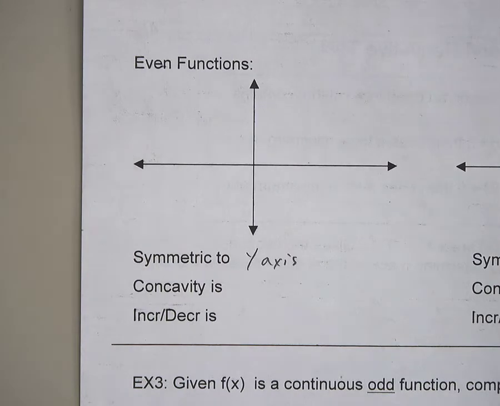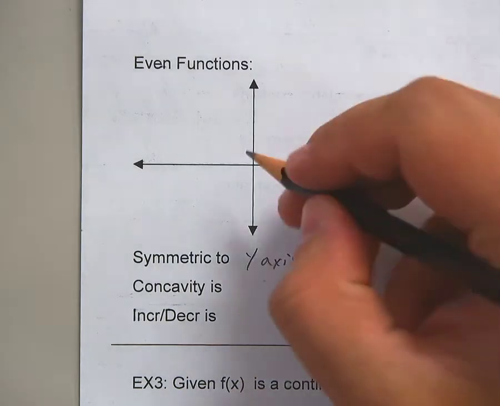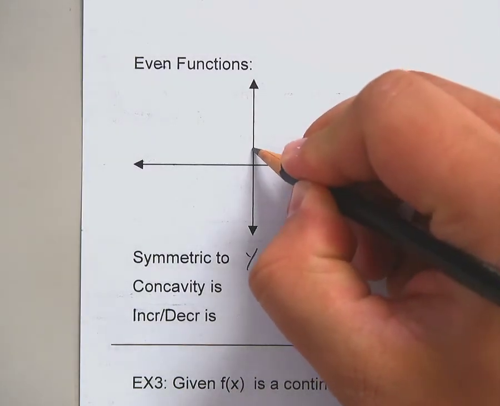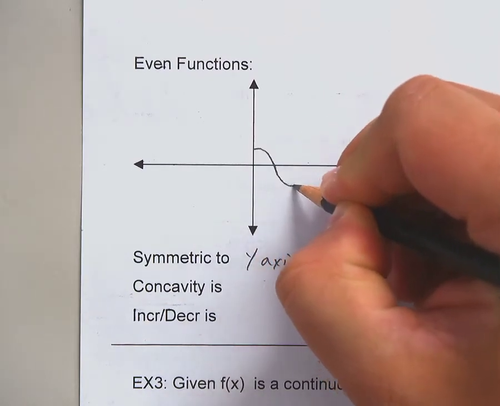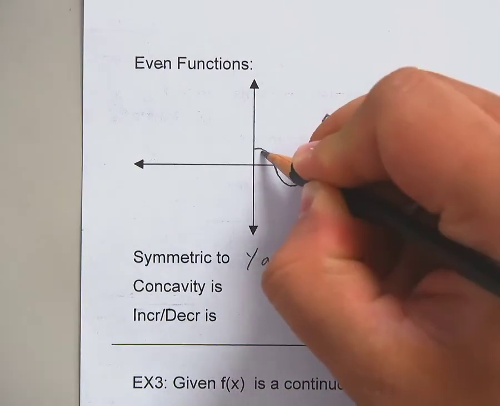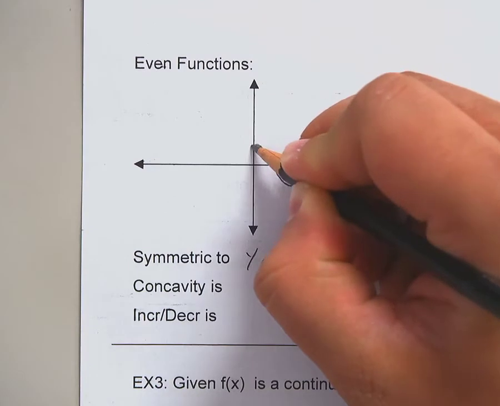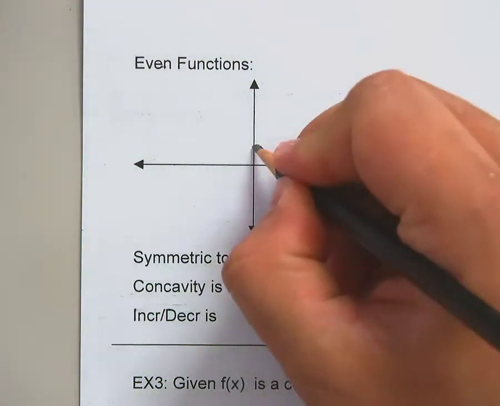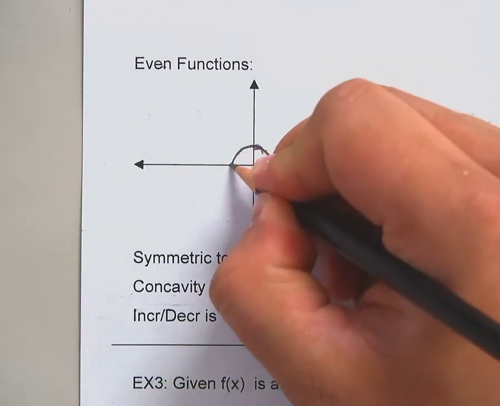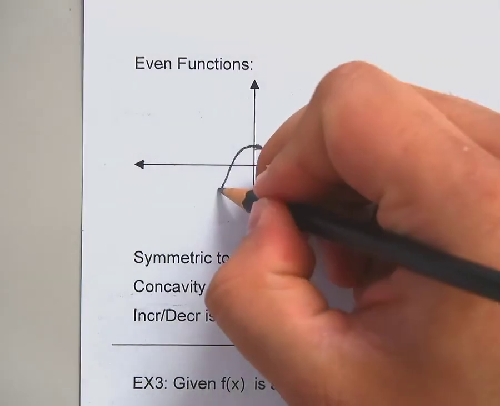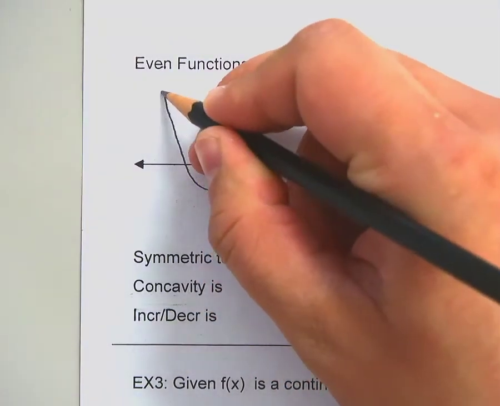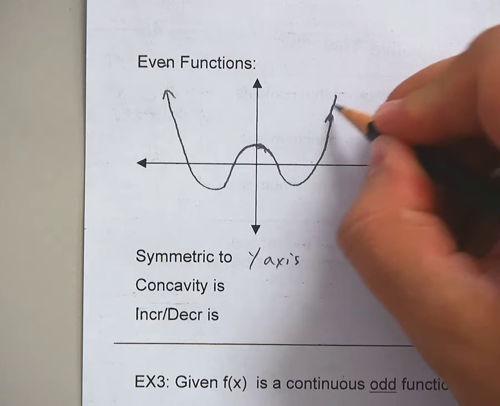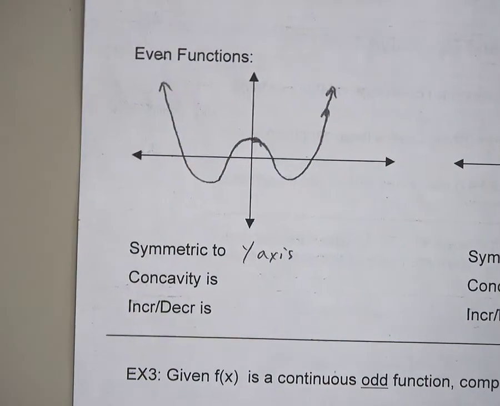But they're symmetric to the y-axis. So what I would say here is, let's say it comes up like this. It is a function, so let's make it a little neat here. And then let's say it does the same thing over here. Now if this were perfect, this would be symmetrical to the y-axis.